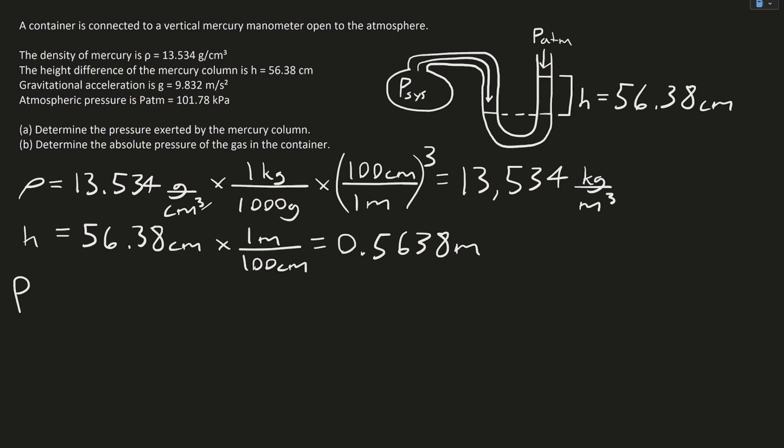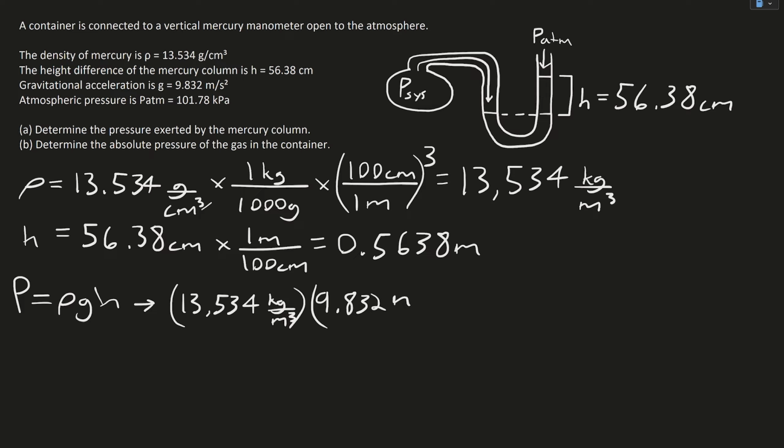So our pressure is equal to rho g h, which is our density times the gravitational constant times the height of the mercury. So solving this, we have our density as 13,534 kilograms per meter cubed times our gravitational constant of 9.832 meters per second squared, and then times our height of 0.5638 meters.